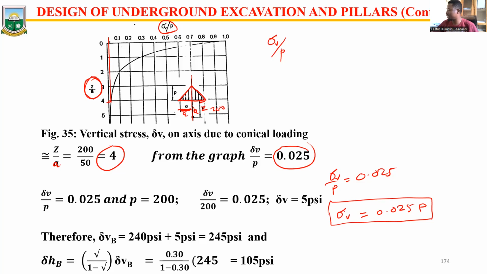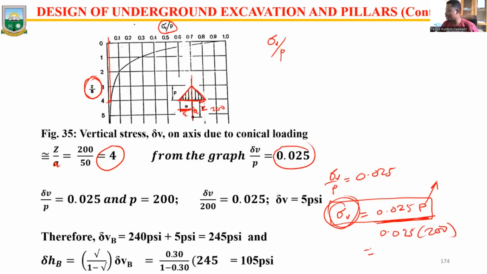We want to make this the subject. So whatever value we were provided with as P, which is the height of the mountain or the cone, you substitute that here and you have 0.025 times 200.